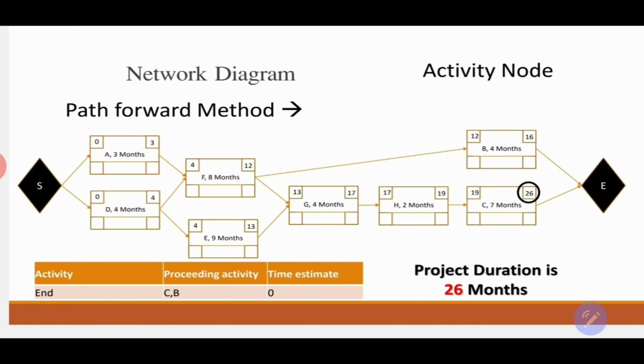Just to make it easy and simple, when you finish your network diagram using the path forward method, look into the activities that are the predecessors of the end, and check which activity has the longest duration, and that's going to be your project duration.